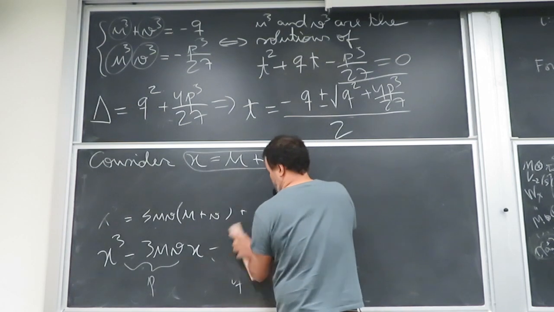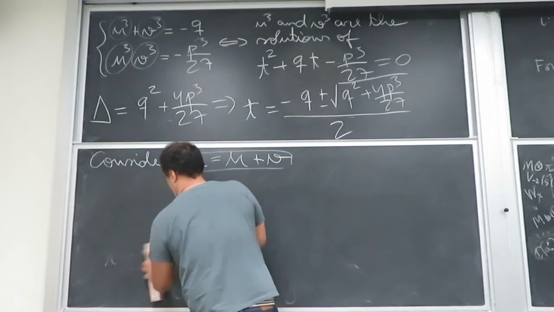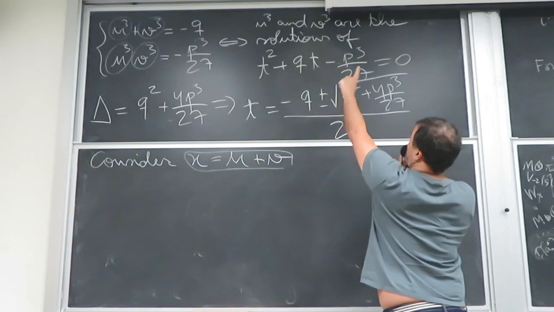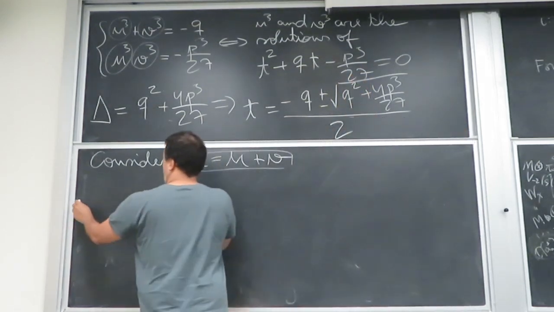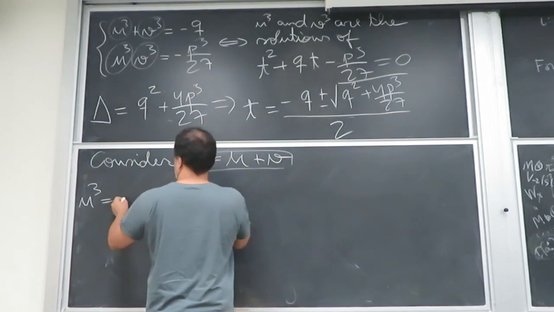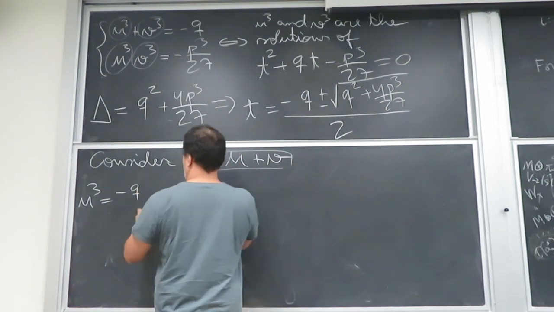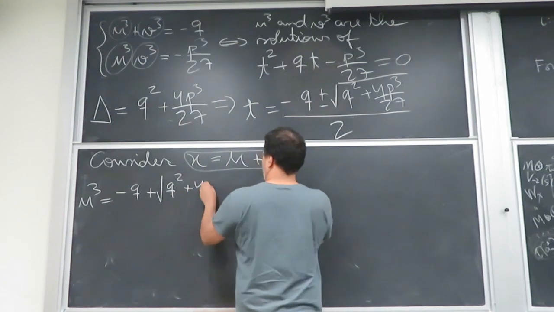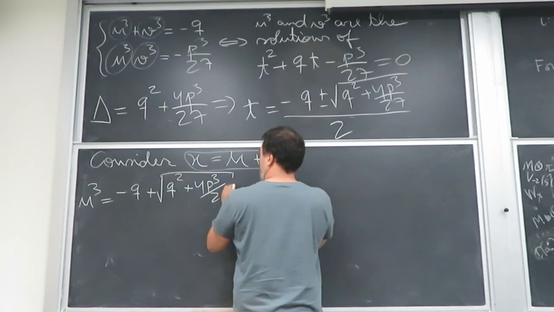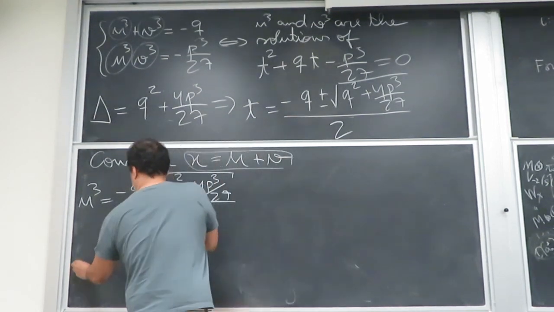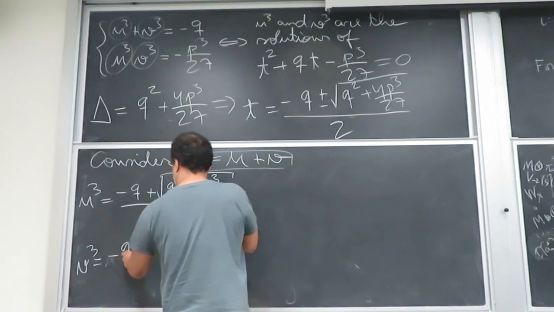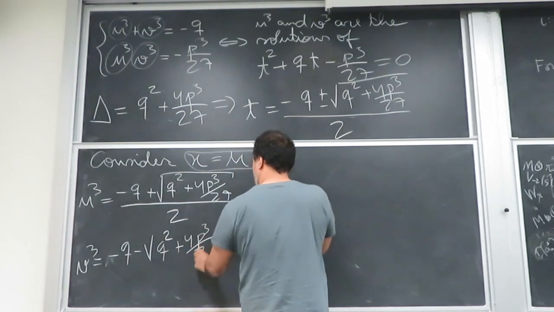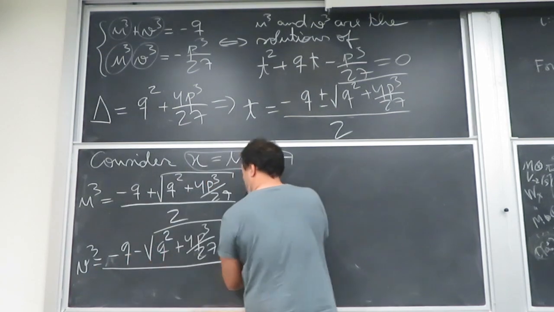So, for now, u cubed and v cubed are this. u cubed is, for example, the first one, minus q plus the square root of q squared plus 4p cubed over 27, over 2, and v cubed is minus q minus the square root of q squared plus 4p cubed over 27, over 2, right?